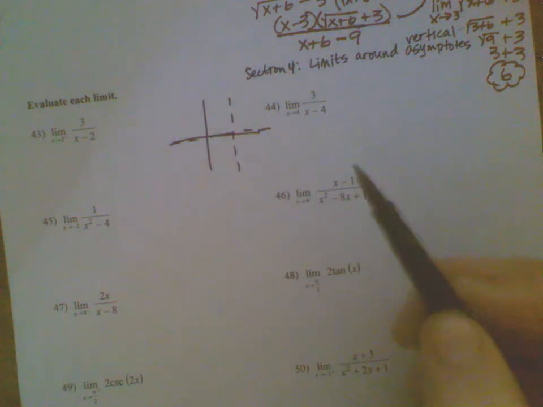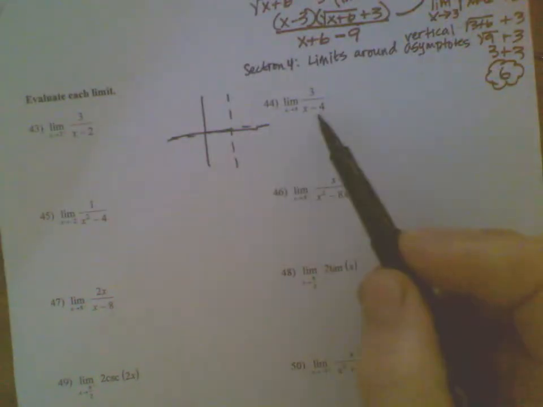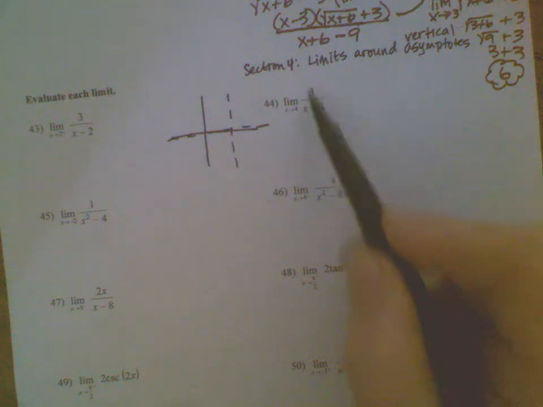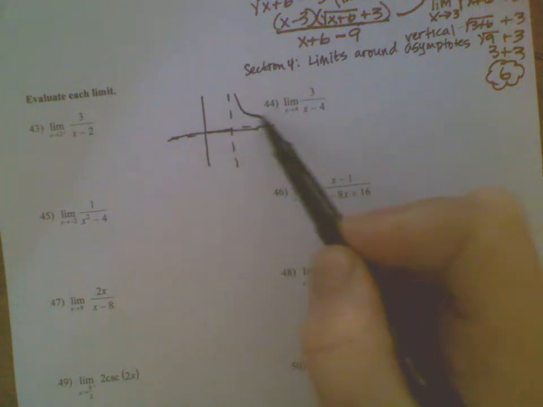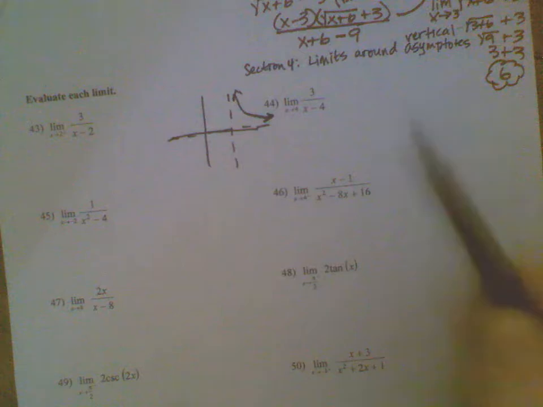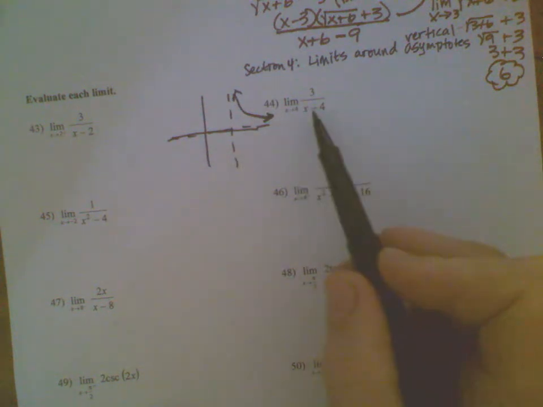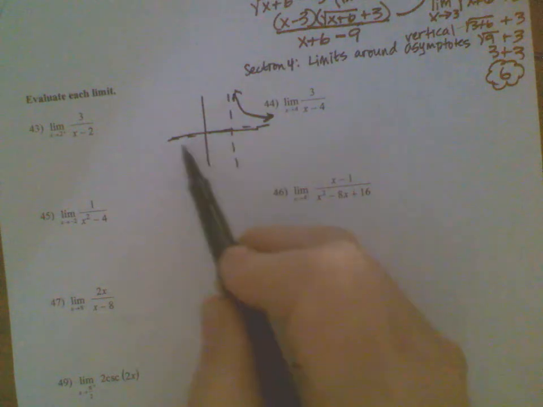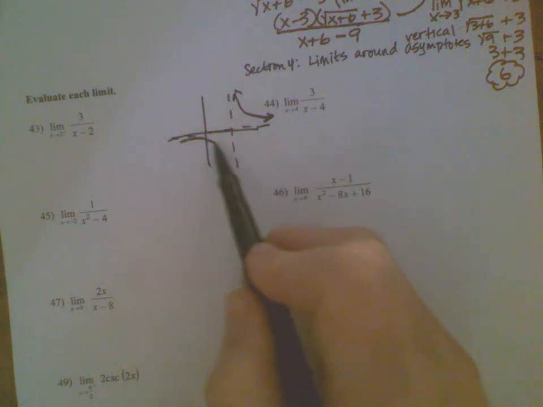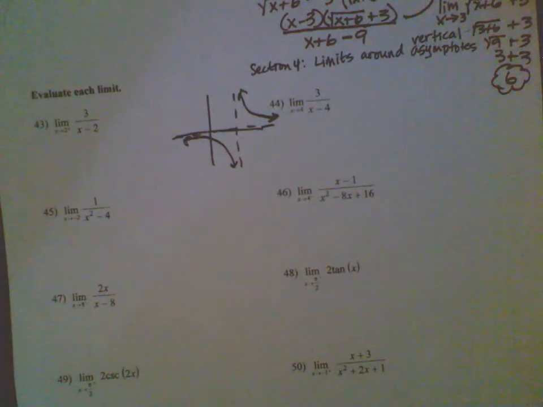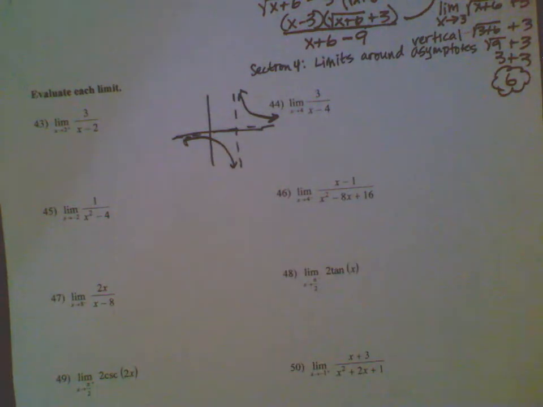If I were going to graph any value that is greater than 4 for x, it's always going to come out positive, and it's going to be this swoopy location right here. If I were to graph any location where x is less than 4, then it would be a negative value, and it comes down to this swoopy location like this. We're actually going to get into graphing these, so this isn't something that I expect you to remember right now, but that is a unit that we'll cover.